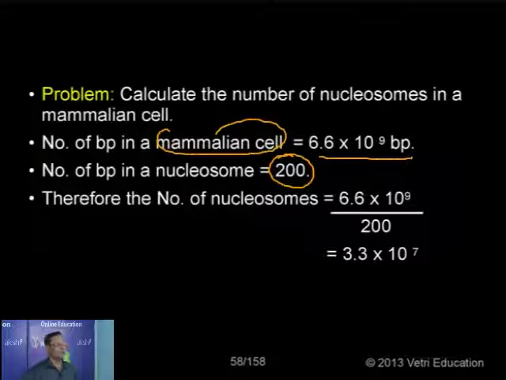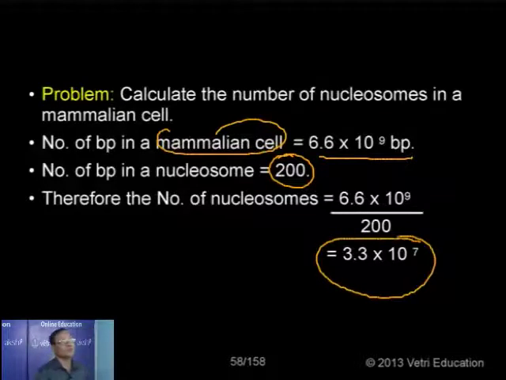So from these two values, we can calculate the approximate number of nucleosomes formed in a mammalian cell. We take the total number of base pairs in a mammalian cell divided by the number of base pairs in the nucleosome. So we get approximately 3.3 x 10^7 nucleosomes in a mammalian cell.